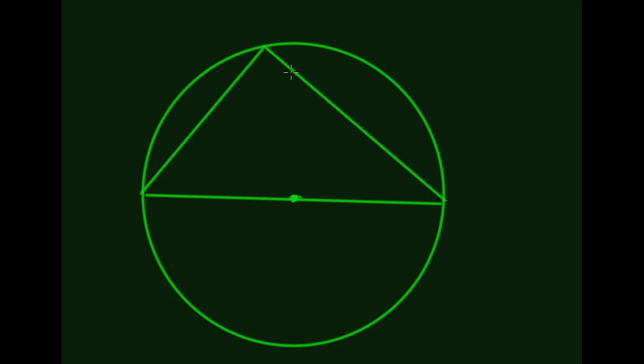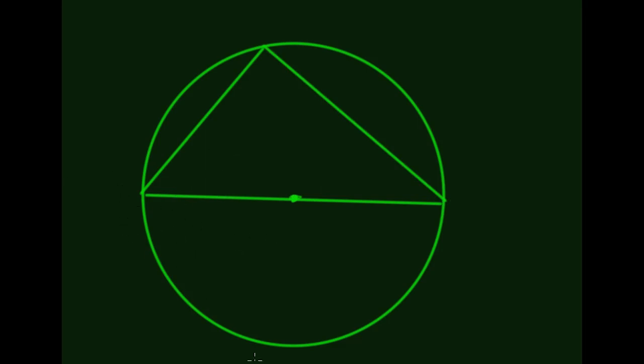One of the things that the SAT likes to do is draw a diameter. So find a way to draw a diameter. And then what it does is it inscribes an angle inside that diameter. And why does it do this? Because weird things happen here.